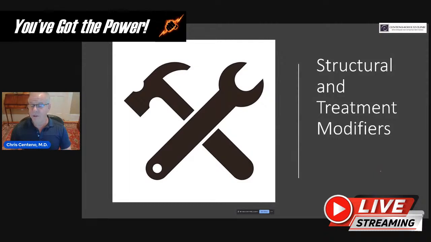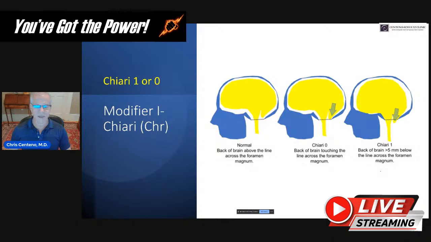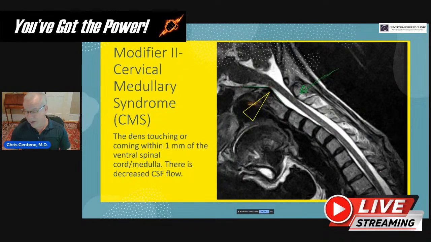So I also discuss these structural and treatment modifiers. This is part of customizing treatment. So you can have all of these with a Chiari 1 or 0, which is not causing the problem. It's just making the problem worse if you have instability. You can have cervical medullary syndrome where the dens is pressing on the upper spinal cord and brainstem.